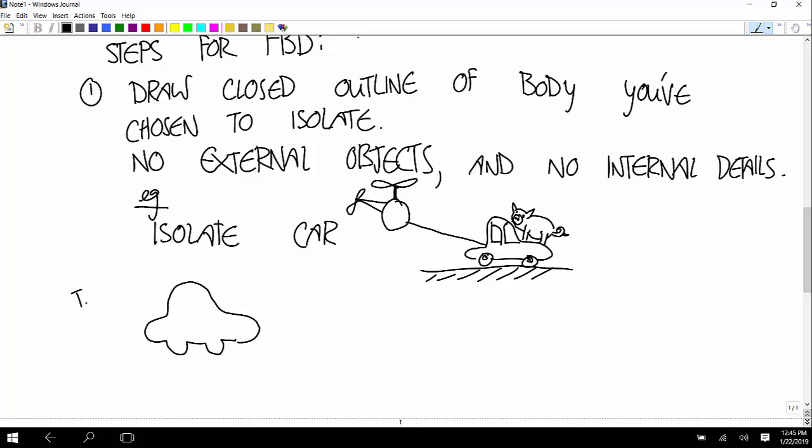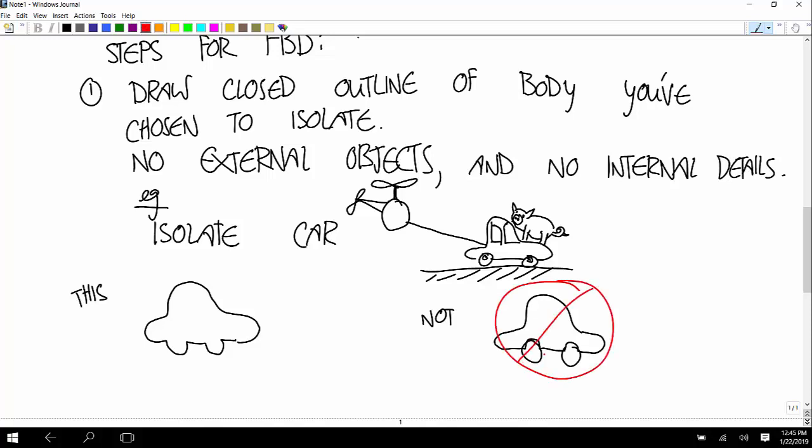Not this, because that has internal details. All we're trying to do is be very clear to ourselves and whoever is looking at this that this is the boundary that defines the stuff on the inside as our chosen system, and the stuff outside the boundary as the outside world.